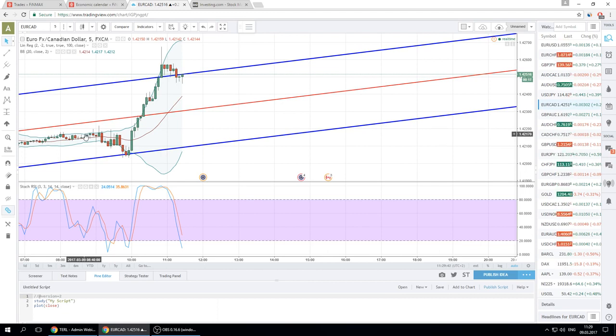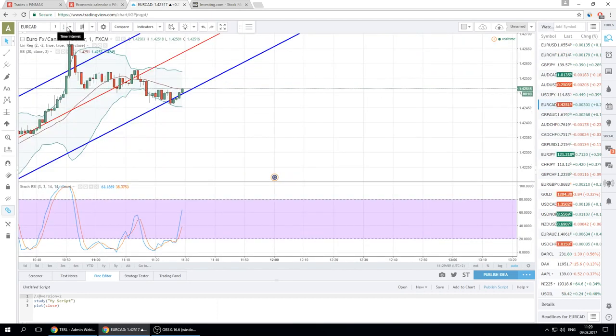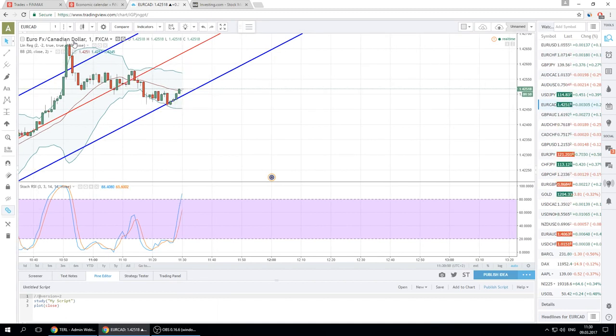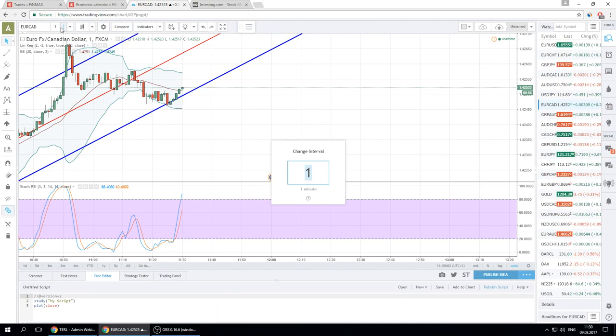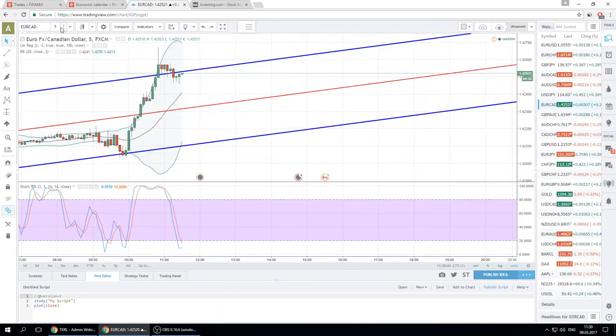Probably I will open the trade for low, but I want to see the next candle. We see that it's still growing, and 5 minutes is also growing.